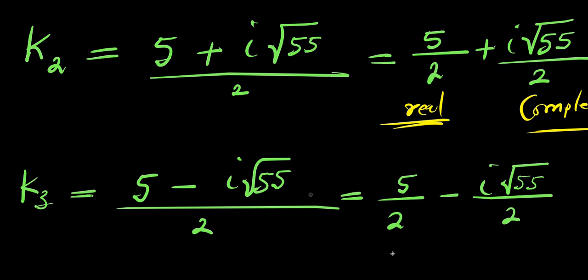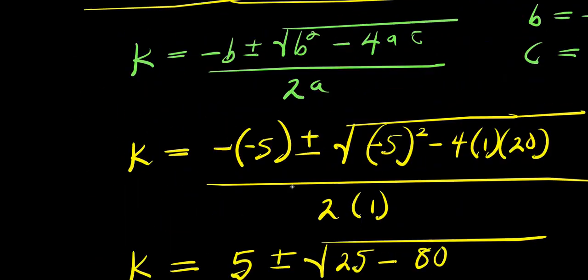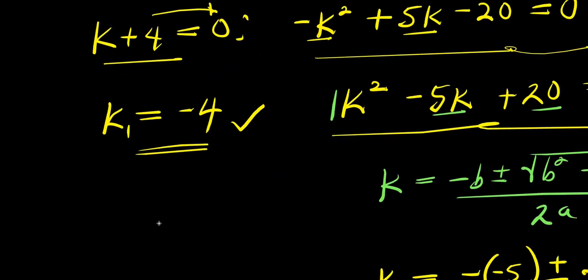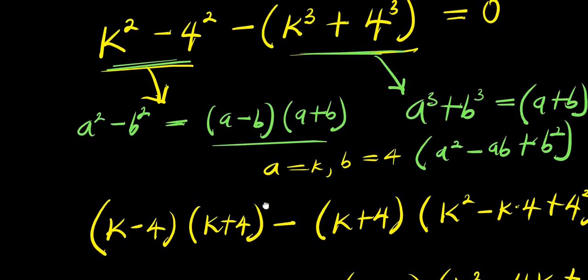So this also means that this is the real part and this is the complex part. So we have 3 different solutions, and we also have one real value, which is this -4 here. This is a real solution. So we have a real solution and complex solutions.